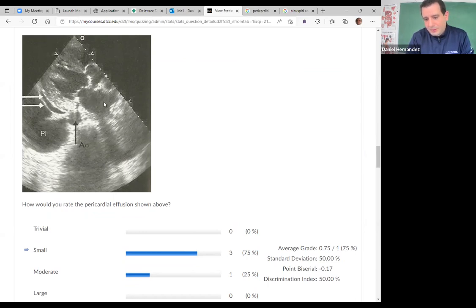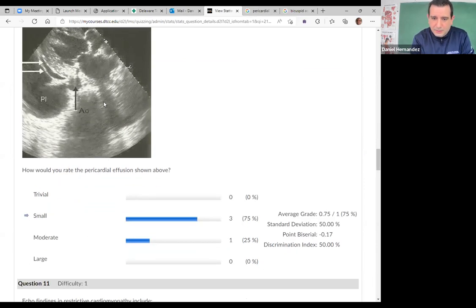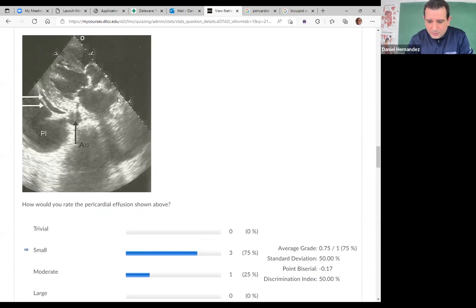So this one was a little tricky. Over here, you kind of have on your side your centimeter markers. You know what?